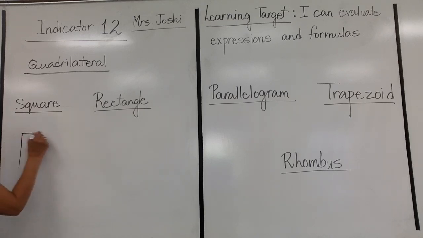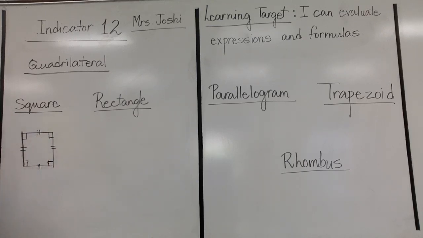So if I draw this out, all these sides will be congruent, and obviously each of these is 90 degrees. This is 90 degrees, 90, 90.